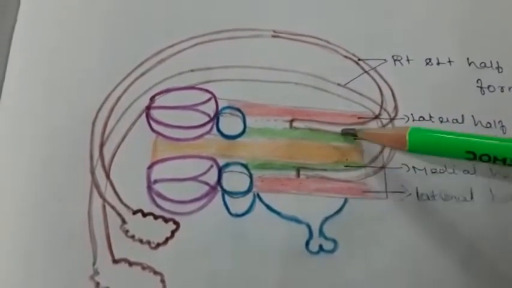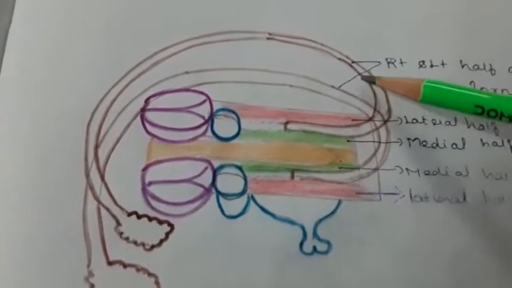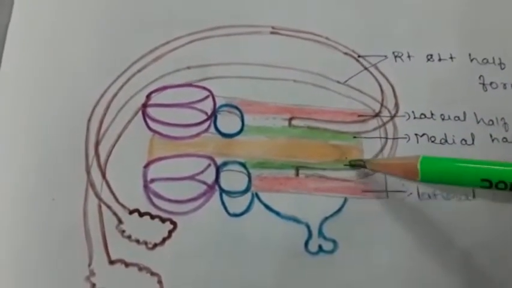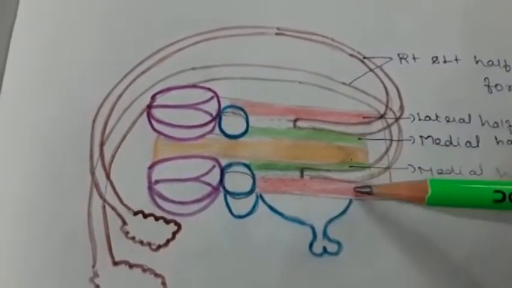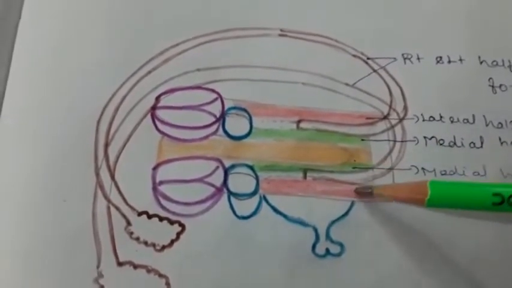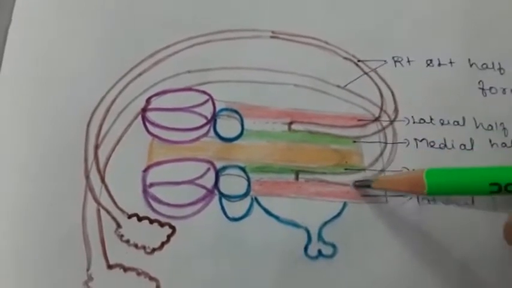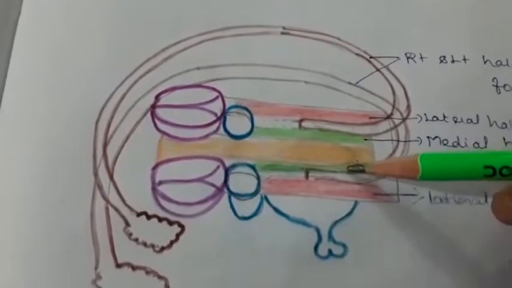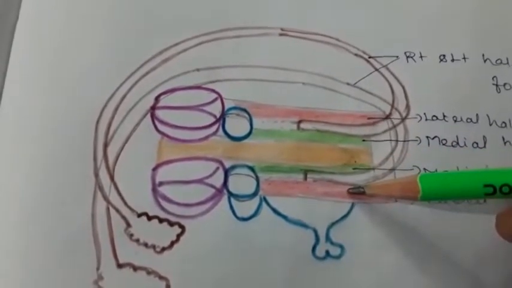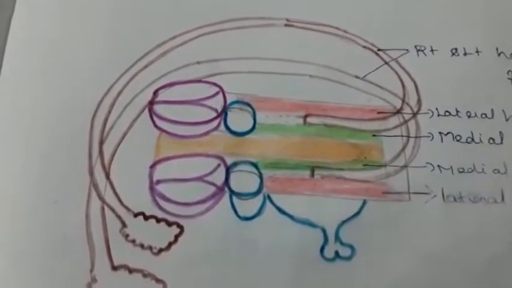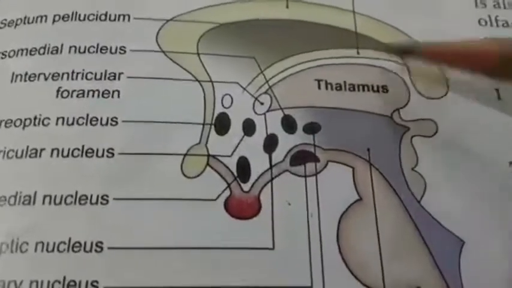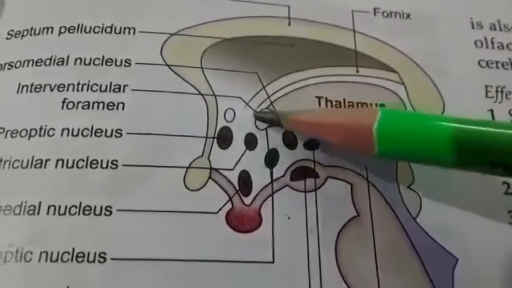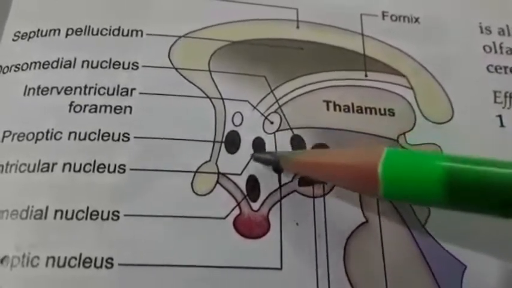This is the right half and this is the left half. So the right and left fornix divide each side of the hypothalamus into a medial part and a lateral part. Look here, this is the right fornix. It divides the right part of the hypothalamus into a medial part and a lateral part. We learned that the fornix divides the right and left parts of the hypothalamus into medial and lateral parts.